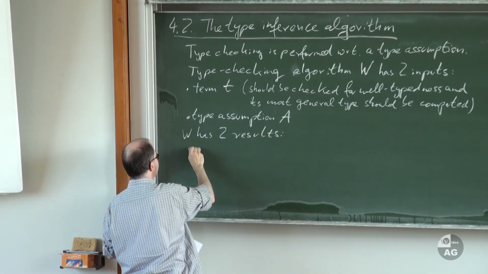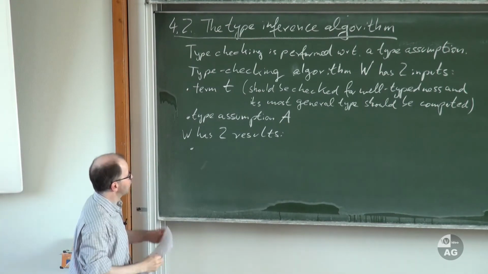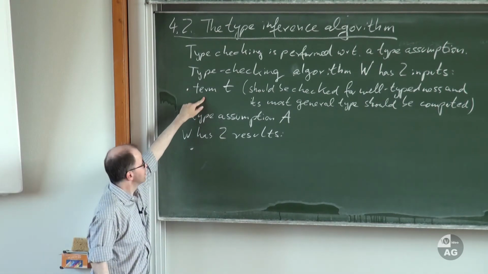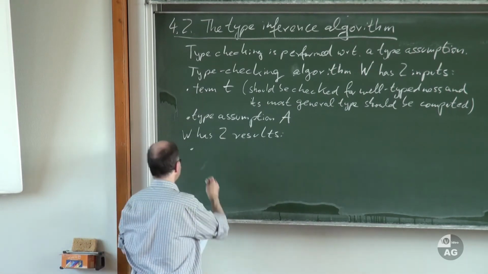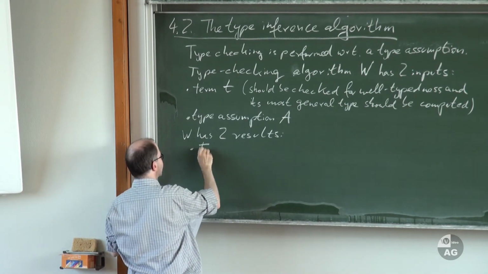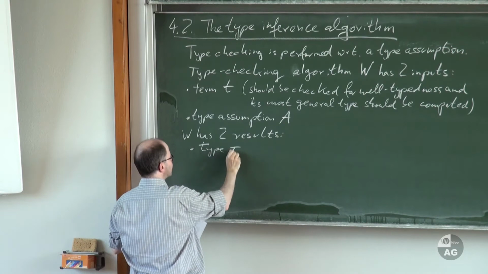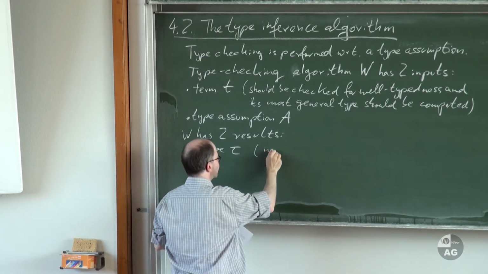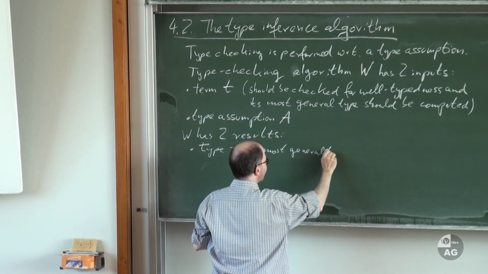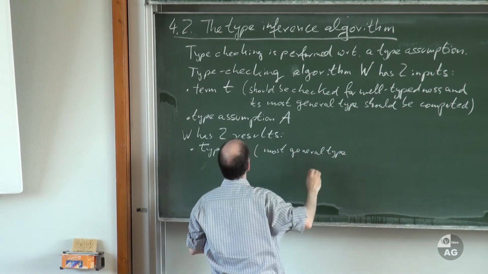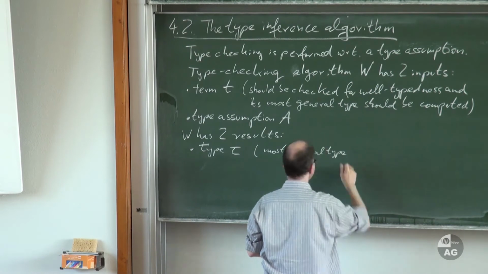So one result is what we expected. We wanted to have the type of this term T. So this type is some type tau, and this is indeed the most general type of T if T is well typed, otherwise the algorithm fails.